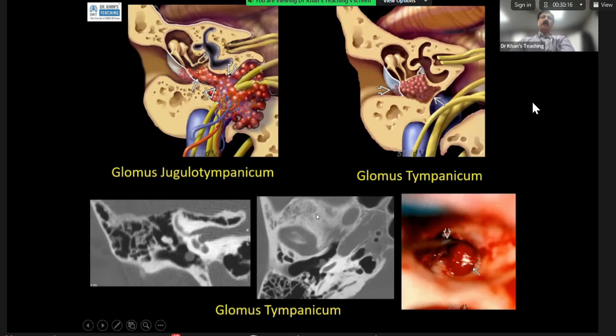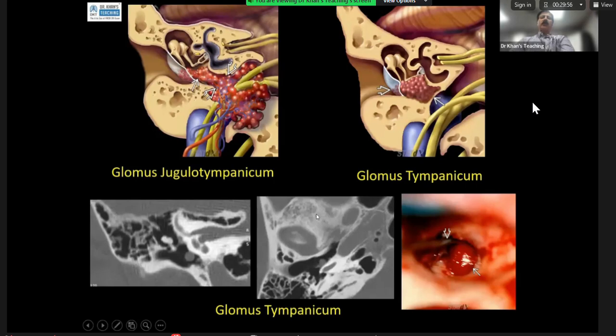What is the concept? Glomus tumors are chemoreceptor cells along the carotid sheath. So please remember they are in the carotid space. The location can be in head and neck, and there can be 4 different locations.